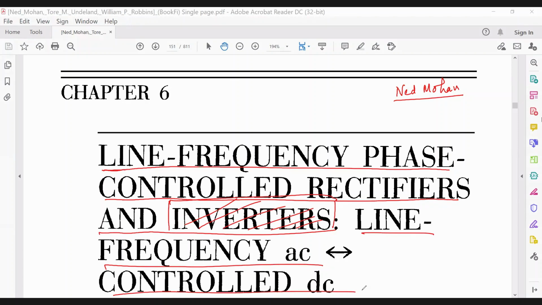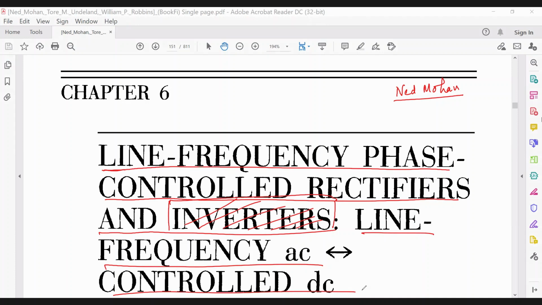And it is mentioned that by use of this device, you can make the rectifier. That means you can make AC to DC. Also, the DC voltage can be fed back to the input in the form of AC. Then it will be known as the inverter.